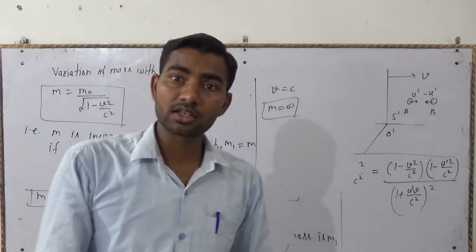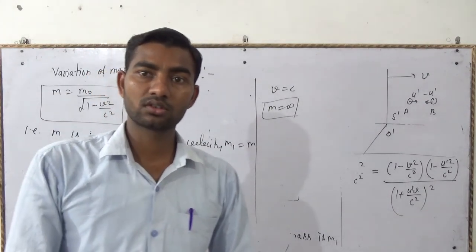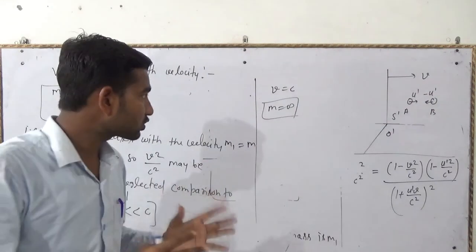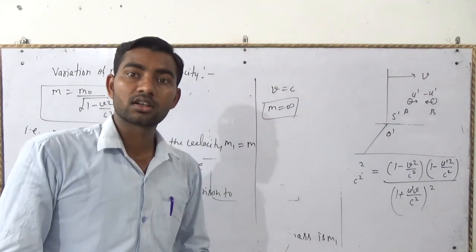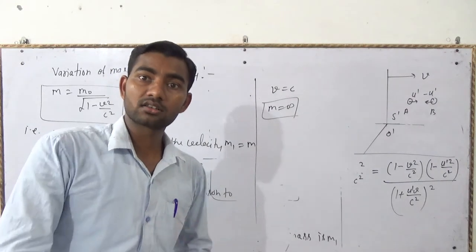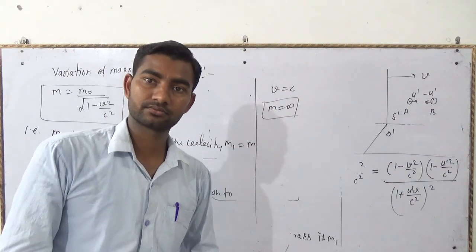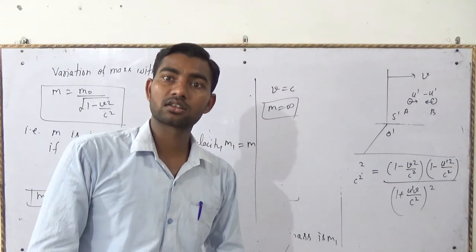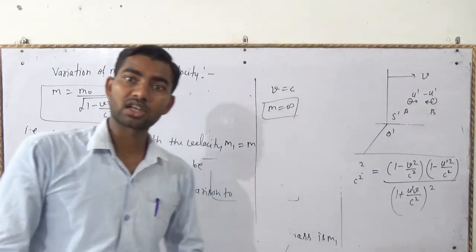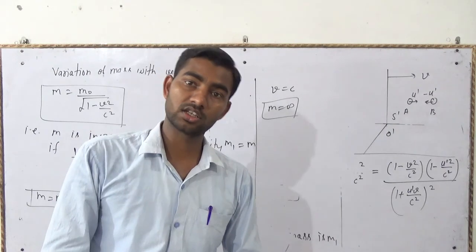We cannot define the mass. So it is also proved from this result that any object cannot gain a speed equal to the speed of light. So today we will stop here and we will come with the next important topic in the upcoming lectures. Thank you very much.